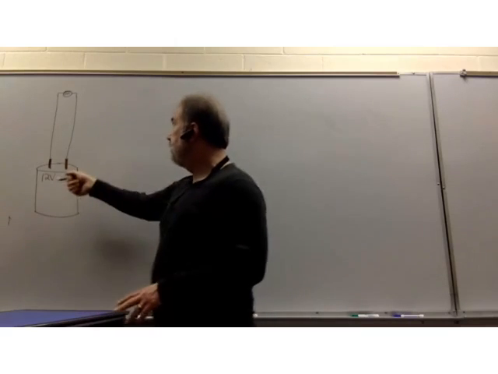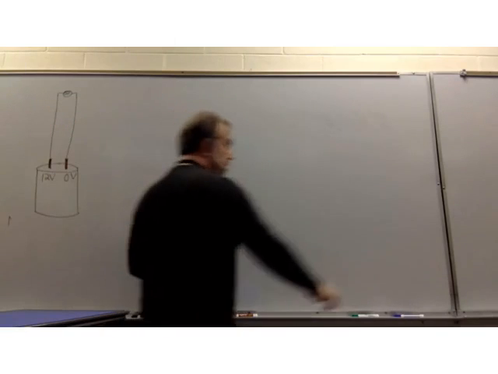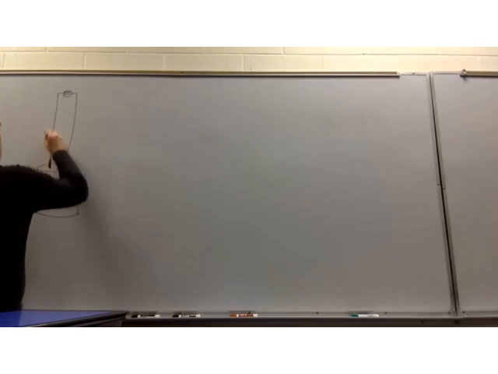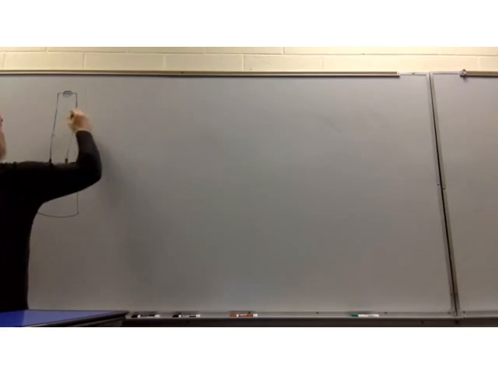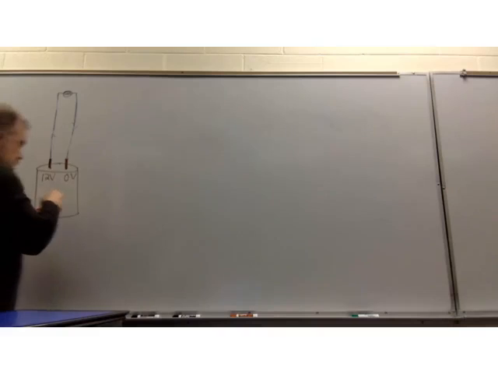Anyway, we attach this, charge flows from the high potential to the low potential, and rather than drawing a bunch of plus signs, it flows through the filament of the light bulb or through the LED or whatever it is, and it flows down like this.